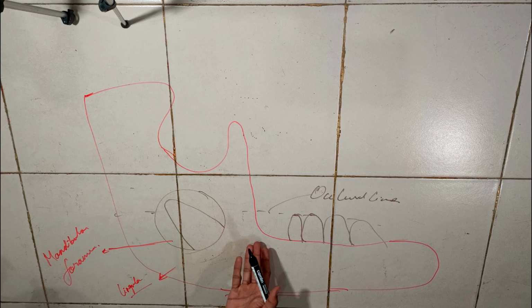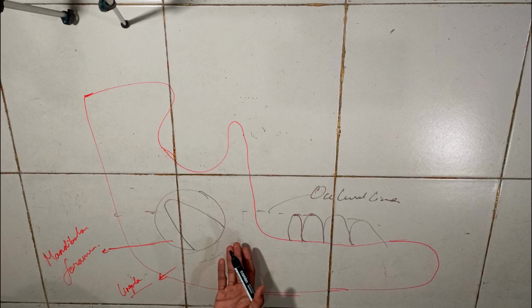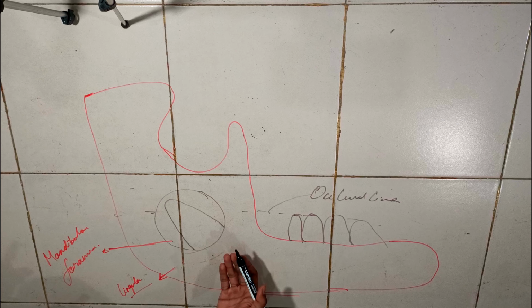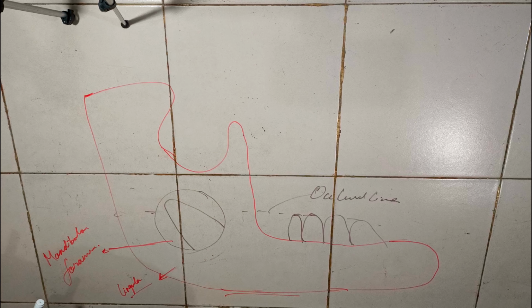This foramen leads to the mandibular canal. Okay, and this anterior portion of the ramus follows a curved line going inferiorly and anteriorly, and this is called the mylohyoid line.